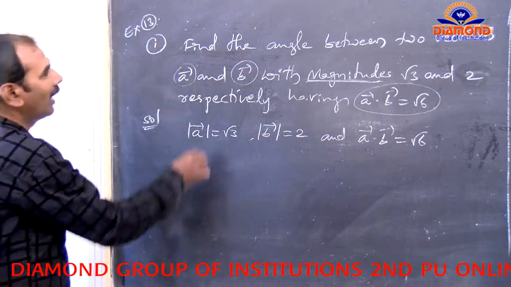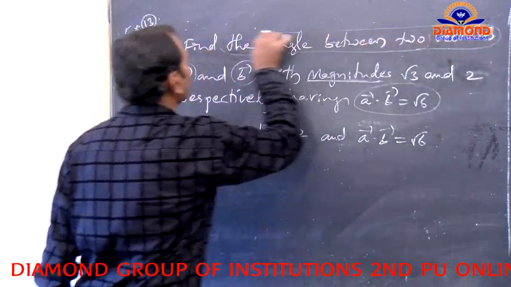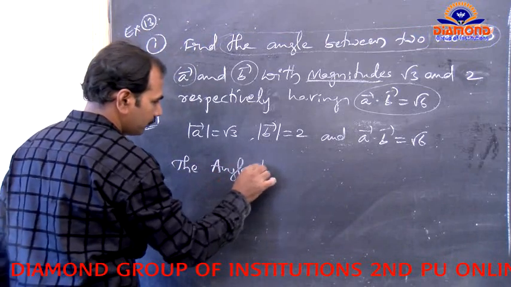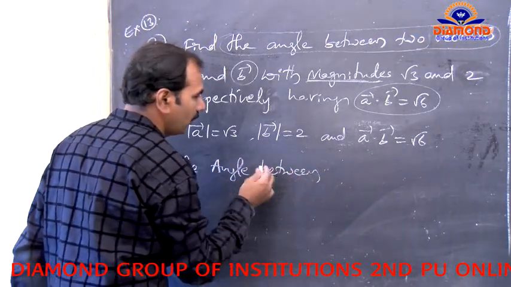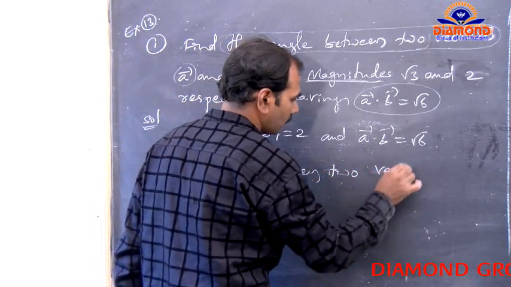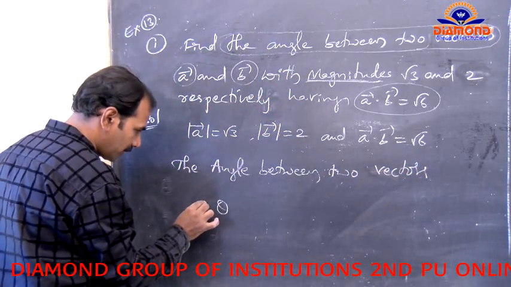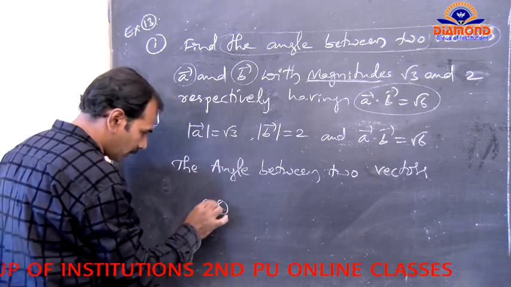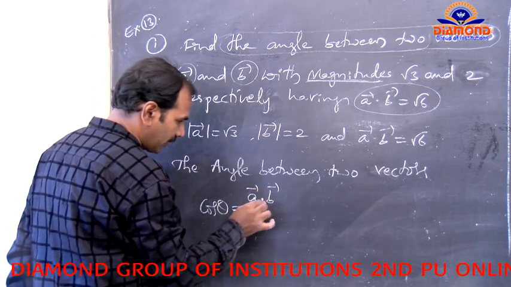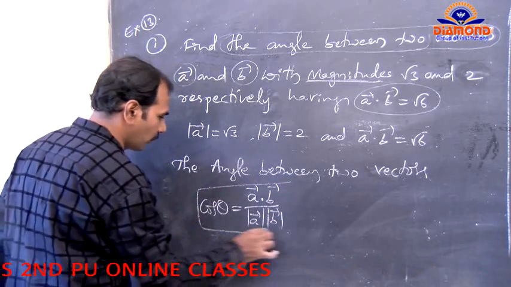So we calculate the angle between two vectors. The formula, you know: cos theta equal to A vector dot B vector divided by magnitude of A, magnitude of B. This is the formula.